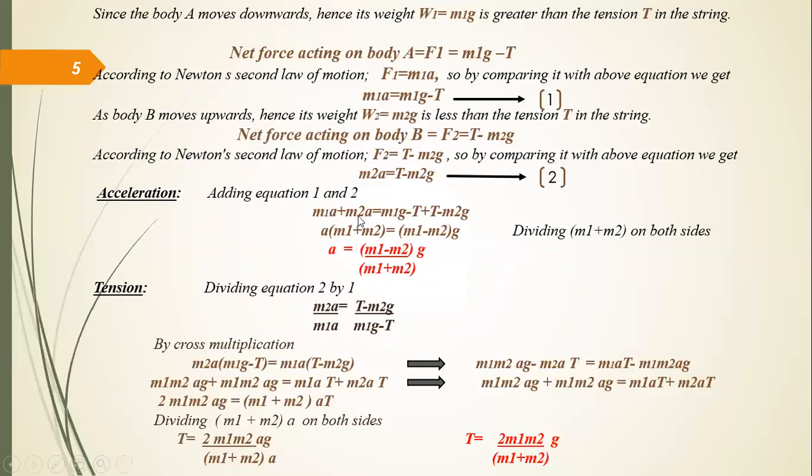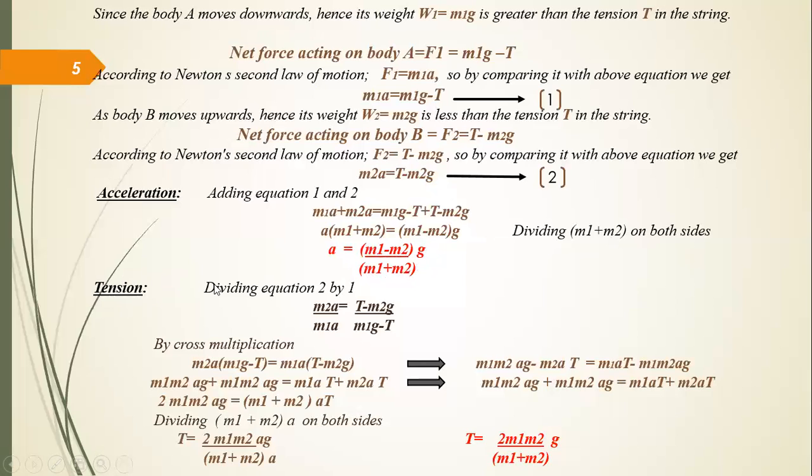Here m1 and m2 have the same multiple a, so we will take a as common. Here positive T and negative T will cancel, and m1g and m2g have the same multiple g, so we will take g as common. Because we have to find acceleration, we will divide both sides by m1 plus m2. So we get the final expression for acceleration as m1 minus m2 divided by m1 plus m2, multiplied by g.